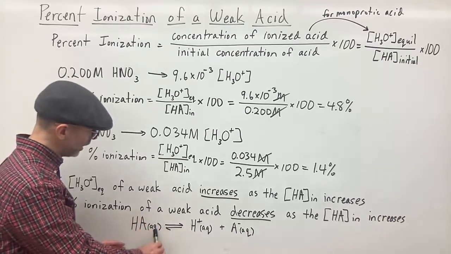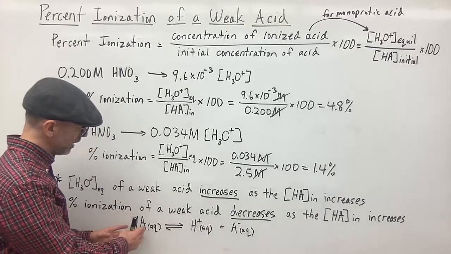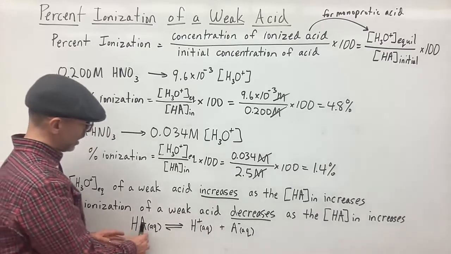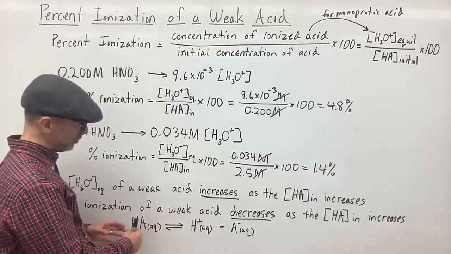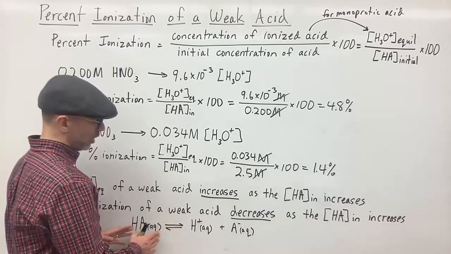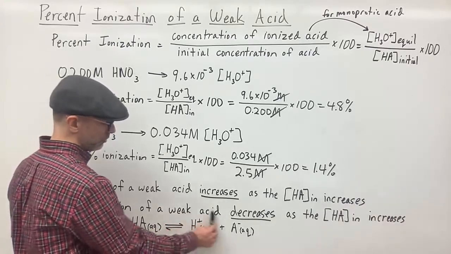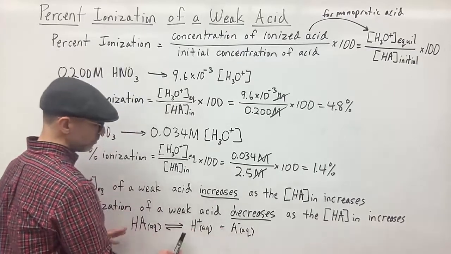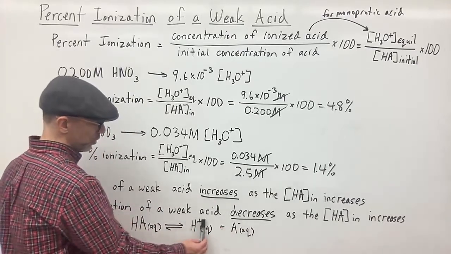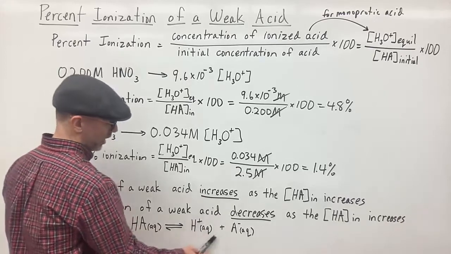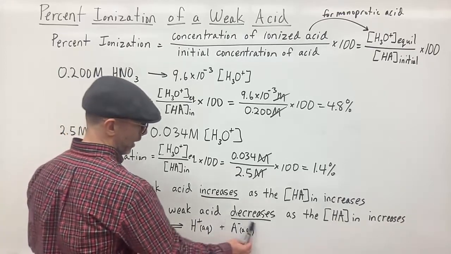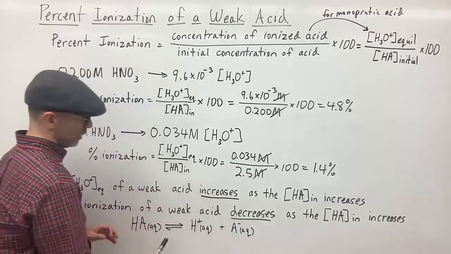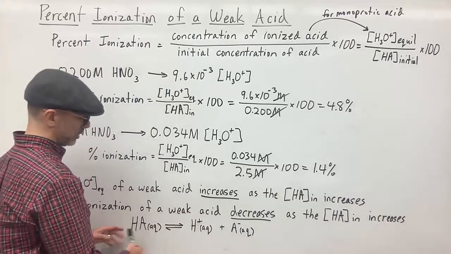If you increase the concentration of the acid, it's going to shift to this side here. So it's going to reach a new equilibrium, and you're going to end up generating more H plus and more A minus. So that's going to cause an increase.